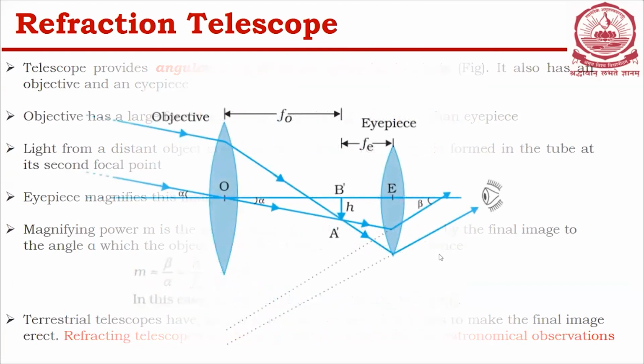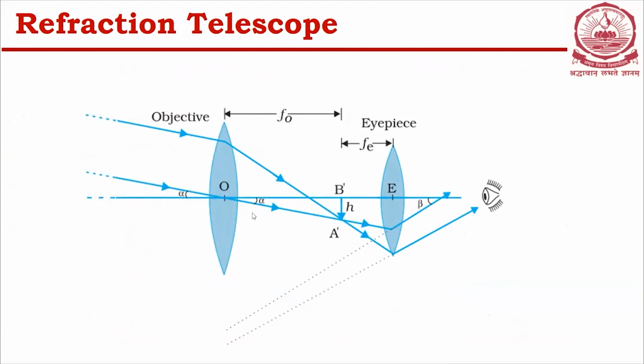And this is what your astronomical telescope looks like. Here you see the second focal point of your objective exactly coincides with the first focal point of your eyepiece. The rays from an object at infinite distance will form an image at the focal point, and this will be the object for the eyepiece.